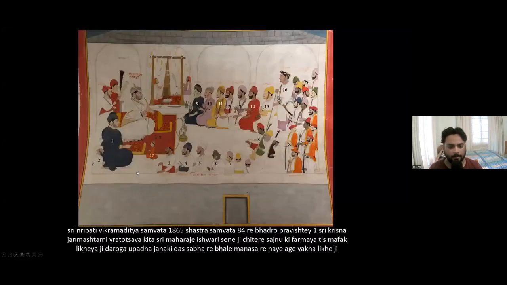And this is the last example of paintings with inscriptions which suggest that the painting was made on a particular occasion. Unfortunately, I do not have the photograph of the backside of this leaf, but the inscription which was written here read: Shri Nripti Vikramaditya Samvat 1865, Shastra Samvat 84, Re Bhadro Pravishte Ik Shri Krishna Janmashtami Vratotsav Kita, Shri Maharaja Ishwari Sen ji.